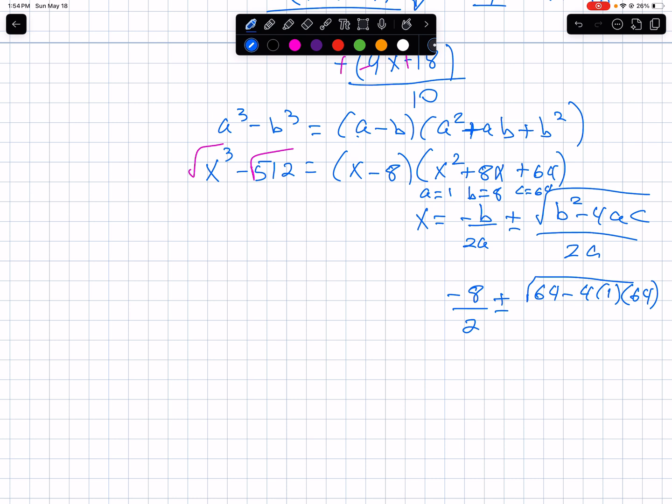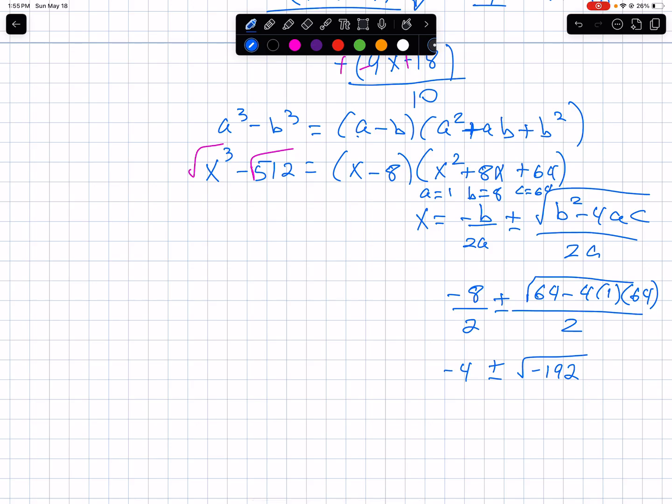4 times 64, 256. So then we got to go 64 minus 256. So this is negative 4 plus or minus the square root of 64 minus 256. So we get, oh, that's just mean, negative 192.